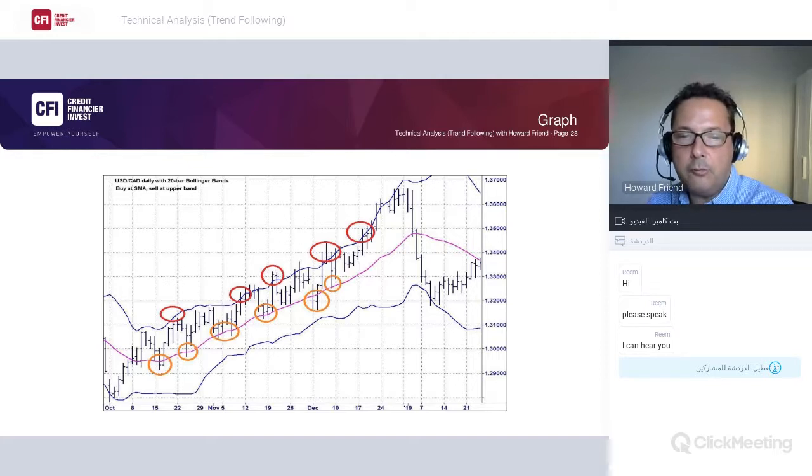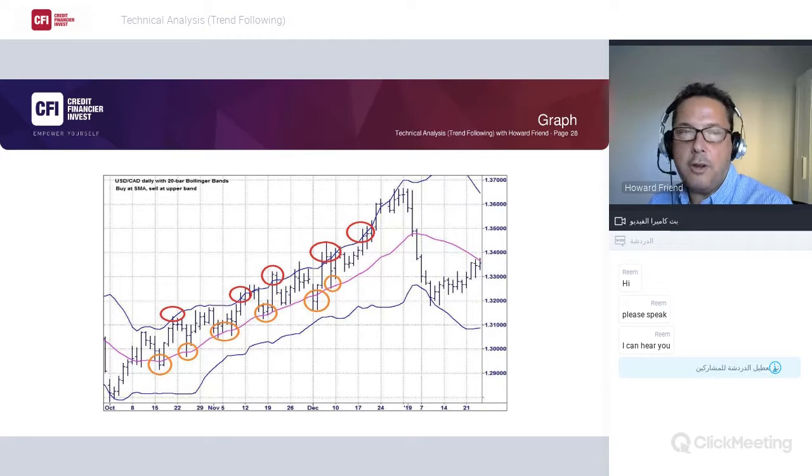Pulls back to the moving average, bases out, good place to buy. Back up through the top of the Bollinger Band, tops out, comes back, nearly finds support there, doesn't quite make it, breaks again. Next pullback it does, it breaks through the rising 20-day moving average, nice reversal there, breaks up, good indication to get you in for new highs, breaks up through the top of the band, good place to take some profits or maybe go counter trend, back down to the moving average, and then back up to the top of the band.